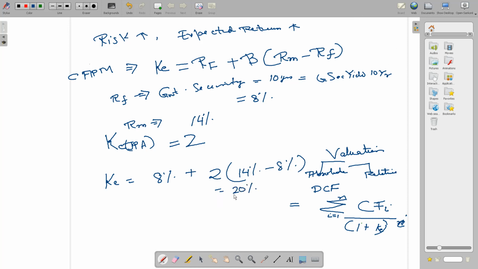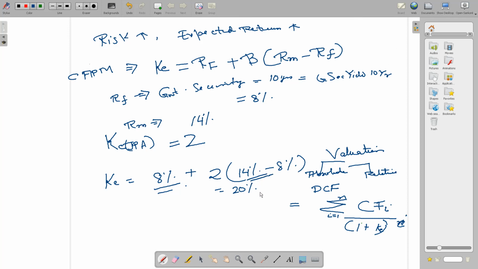So given the riskiness of the JPA stock, given the volatility of the stock price of JPA, I should require a return which is much higher than risk-free return, and also higher than the Nifty return of 14%, because the volatility of JPA is much higher than the market. So here my cost of equity for JPA is 20%.